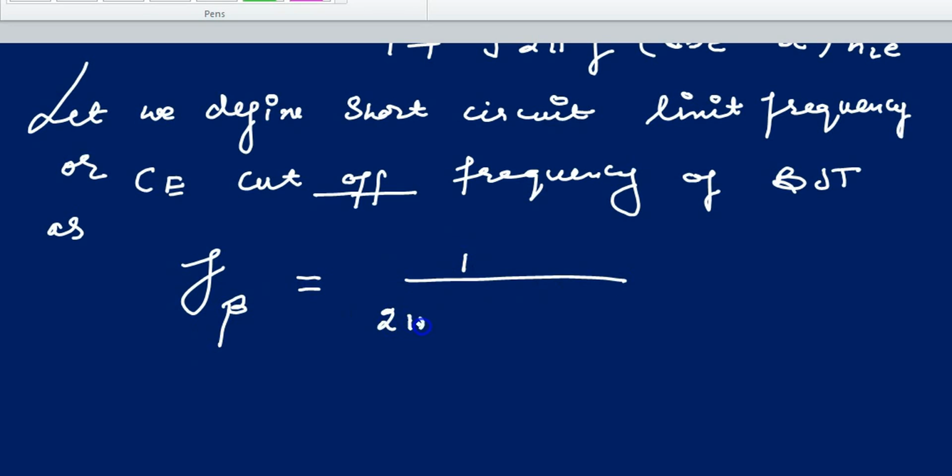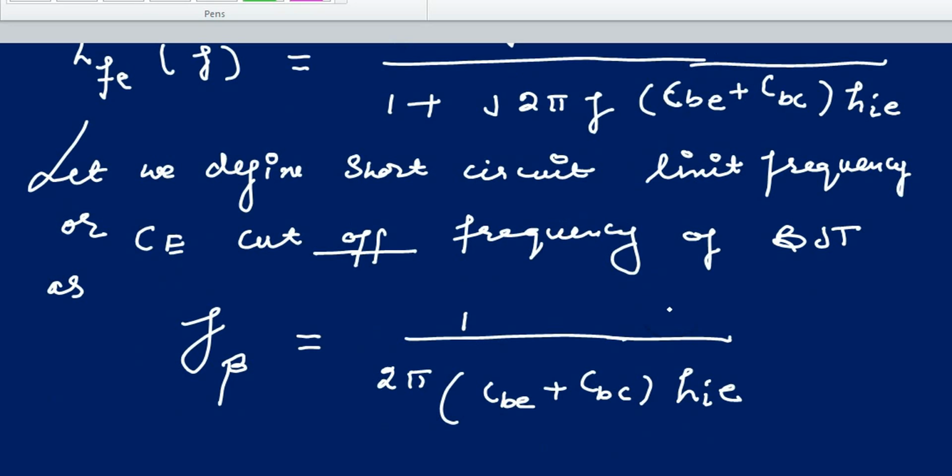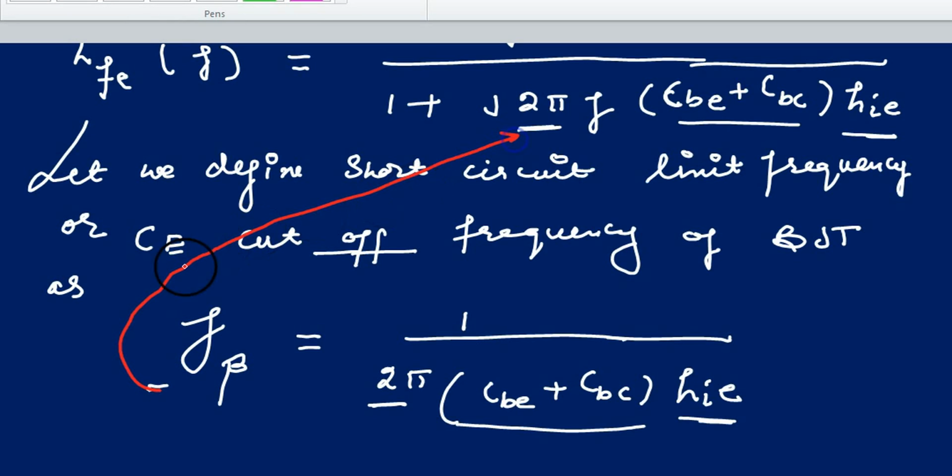This is the common emitter cutoff frequency. Let it be defined like this, and substituting this value in the expression here. So now we are introducing F beta in this term.